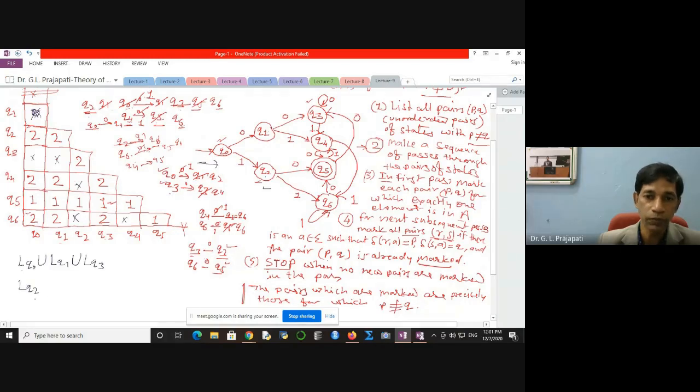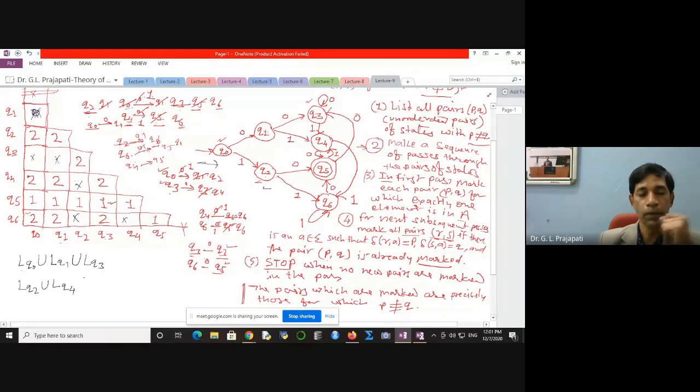Now you have Q4. You decide whether Q4 can go to this equivalence class or that one. You have seen that Q2 and Q4 is not marked, meaning they are equivalent, and hence Q4 will go to the equivalence class of Q2.